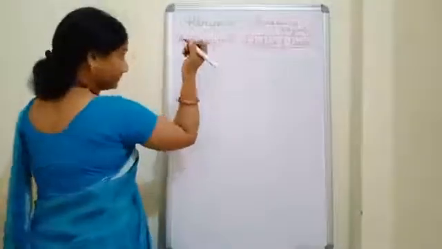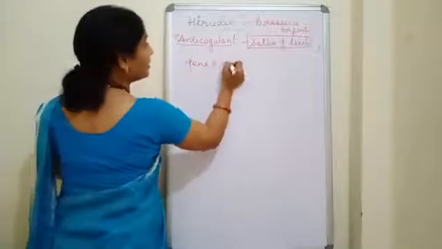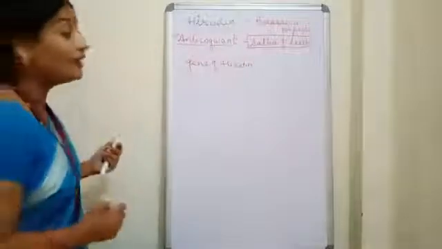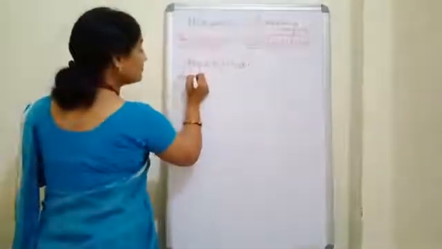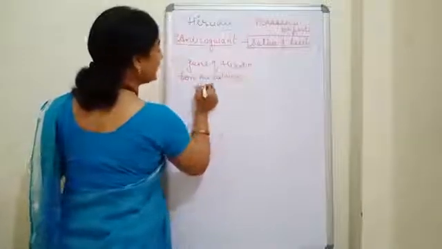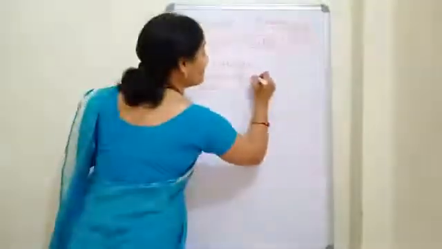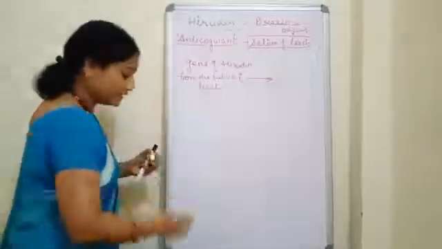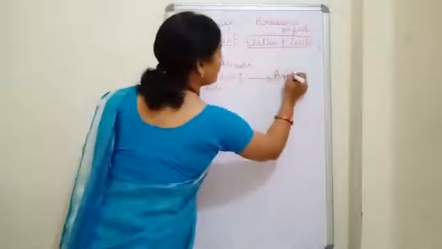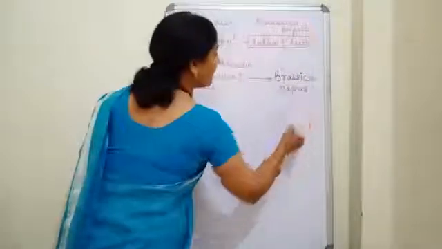They took the gene of Hirudin, because it is an anticoagulant, from the saliva of the leech, and introduced this into one plant named Brassica napus. Okay, named Brassica napus.